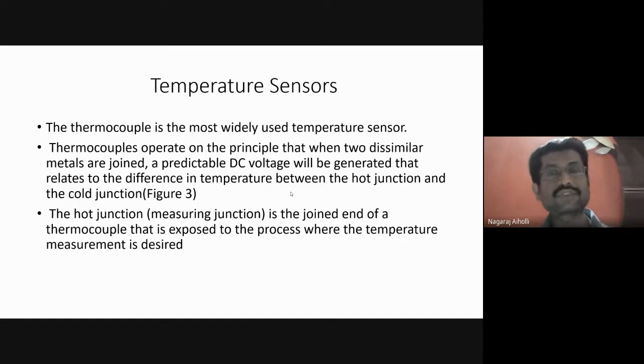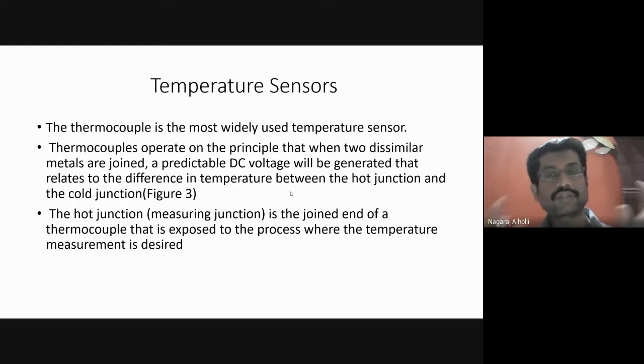Why is one junction called the hot junction? The reason is whatever temperature we are measuring, we are applying it to that junction. So that junction is called the hot junction. And the other junction is a reference junction. The cold junction doesn't mean that it has no temperature; it means that it is maintained at a certain reference temperature.